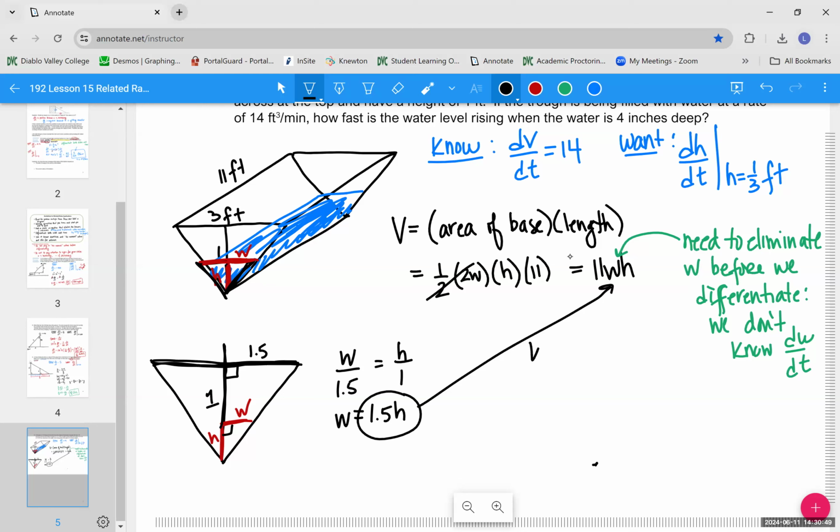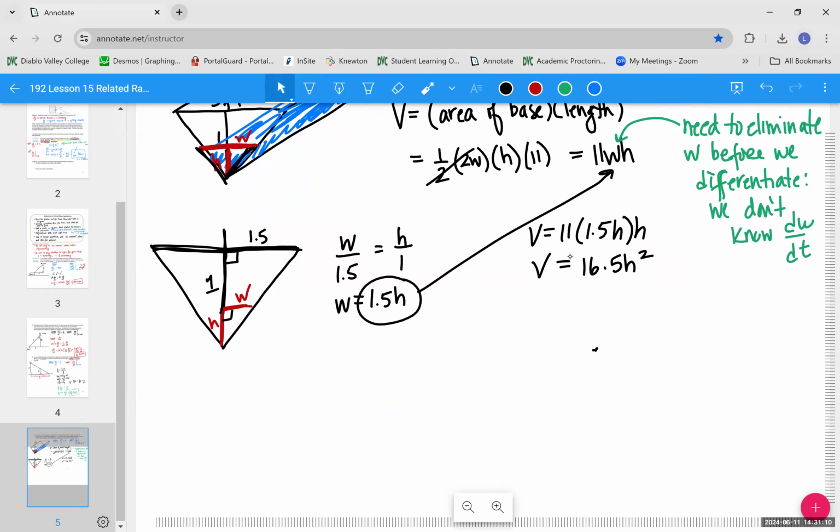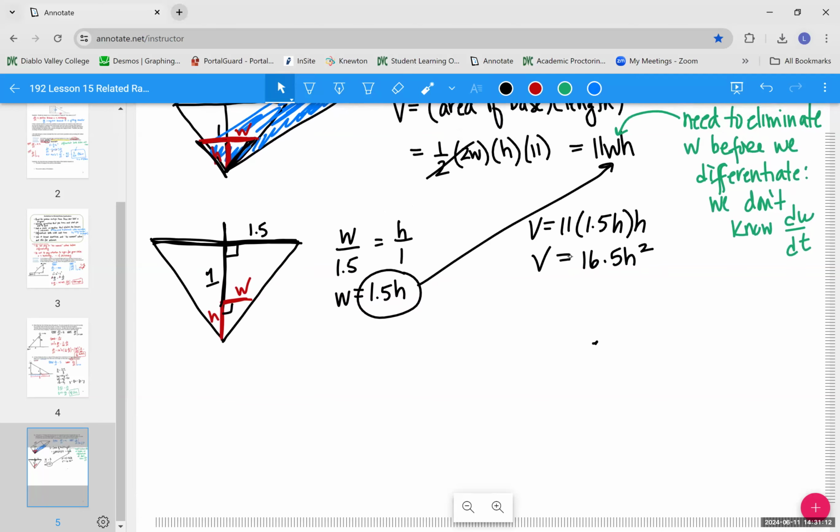So I have volume equals 11 times 1.5h times h, which is 16.5h squared. So now I have an equation for the volume of the water that's in the trough, based solely on the height of the water in the trough.